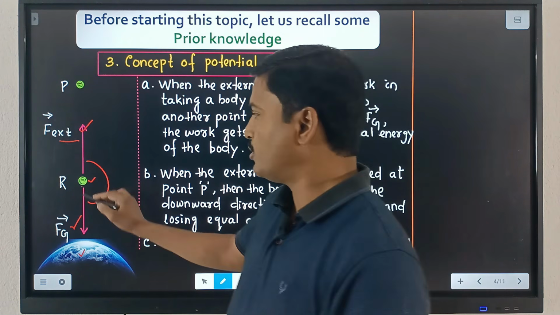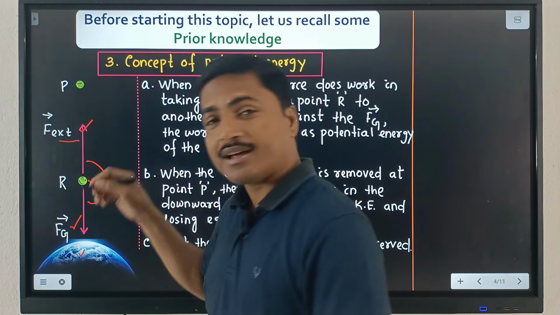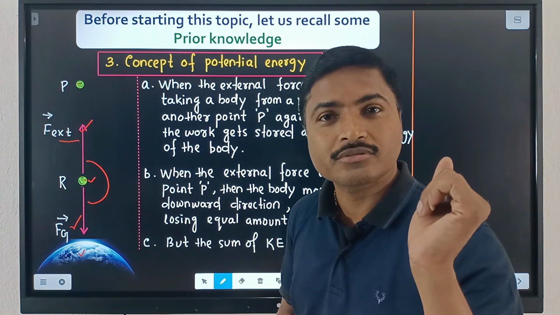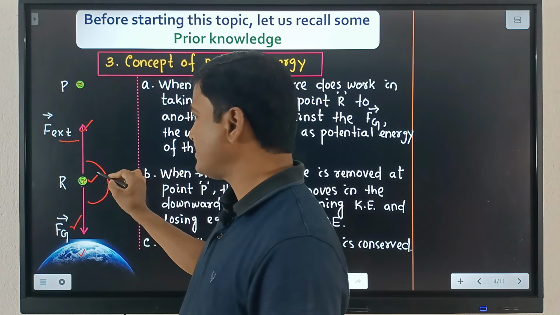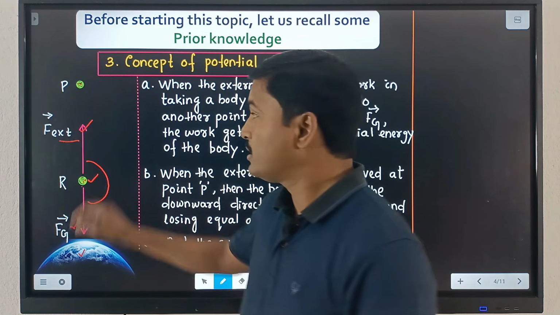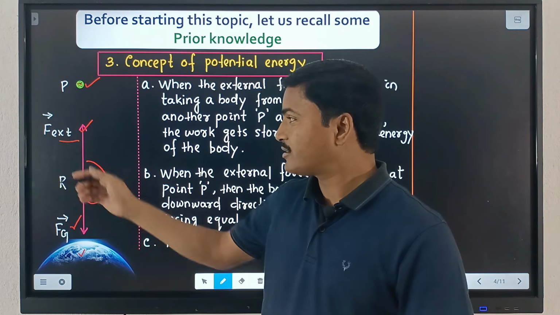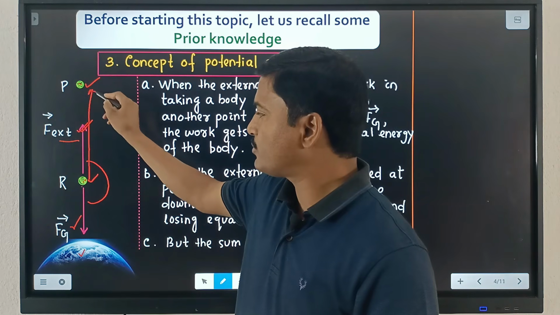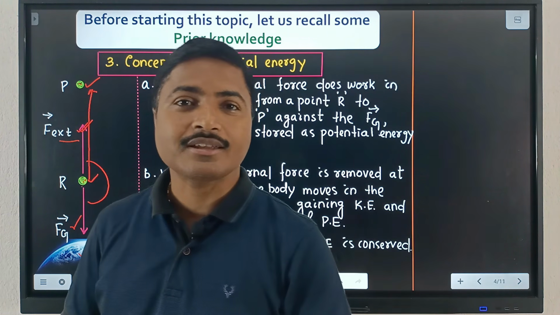Suppose the body moves from point R to P against the gravitational force by applying the external force. R is the initial position of the body, P is the final position of the body. Then here external force is there, displacement is there from R to P. So force is there, displacement is there.